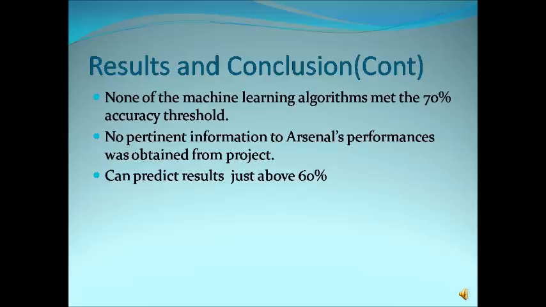Because we couldn't obtain any classifiers that were able to accurately predict Arsenal performances to an accuracy of 70% and above, we were not able to ascertain any reliable information using our machine learning algorithms. However, what we did learn is that we can accurately predict results just above 60% using the supervised learning techniques that we used.